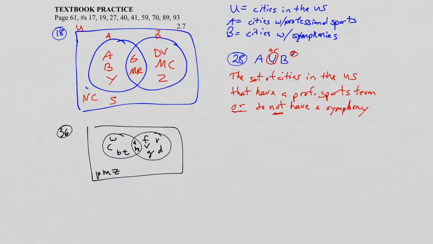So the question for 36 is, what is set B? And set B is going to be everything in that circle.